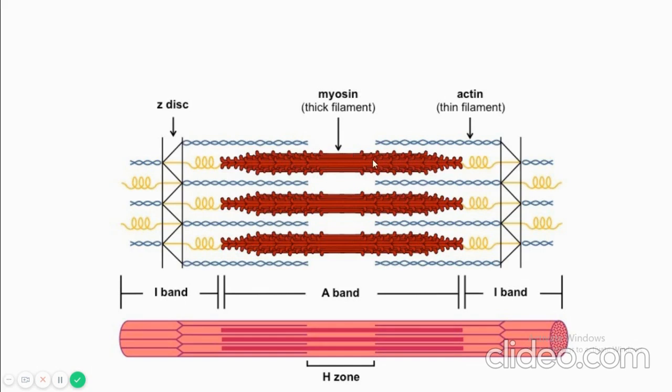The centrally placed thick filaments are made up of the protein myosin. The peripherally placed thin filaments are made up of the proteins actin, troponin, and tropomyosin. These red thick filaments and blue thin filaments give the appearance of dark and light zones.